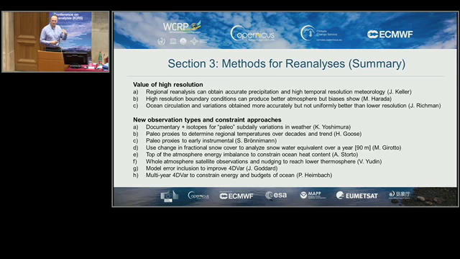There was some discussion, in some of the other sessions as well, about the value of high resolution. And I think this is something that we need to continue to debate, because high resolution is expensive. So how much can you do? And most of the session really was about new observation types or new kinds of information being included in reanalysis.